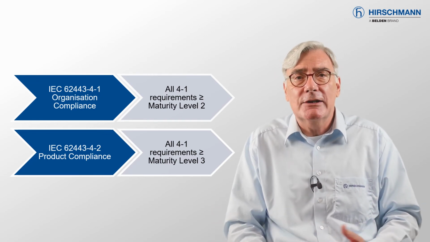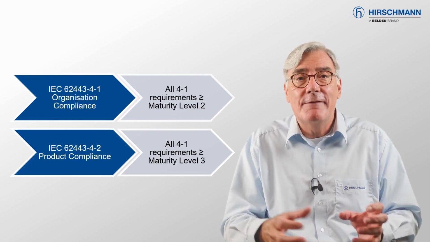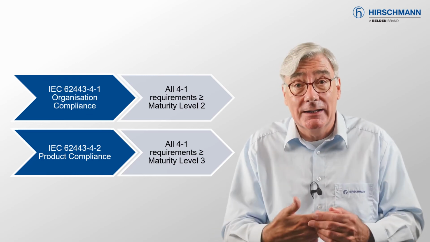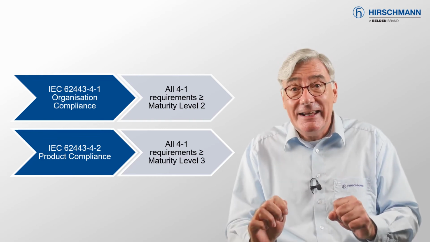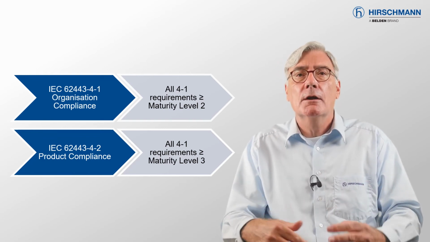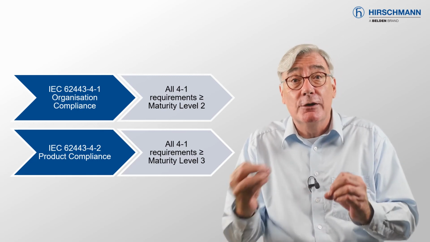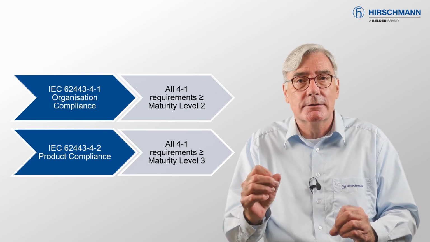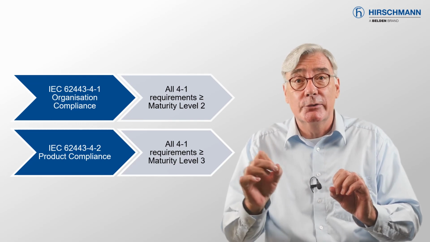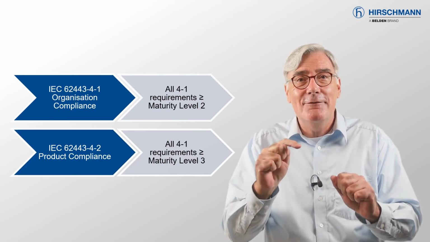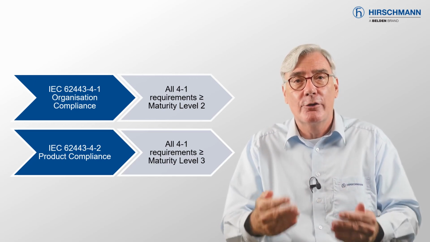If a product manufacturer follows every process defined in 4-1 during the development of a specific product, that product has been developed according to maturity level 3 or higher. Maturity level 3 forms the foundation of the functionality-focused 4-2 standard. A product can only claim compliance to 4-2 if it's rated to 4-1 maturity level 3.